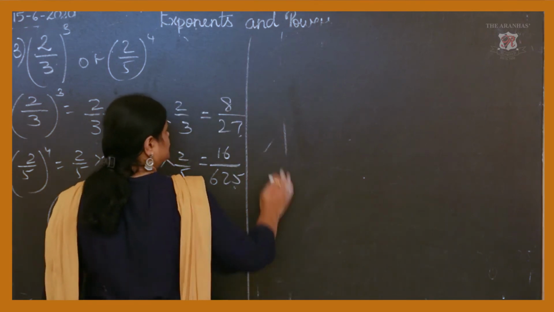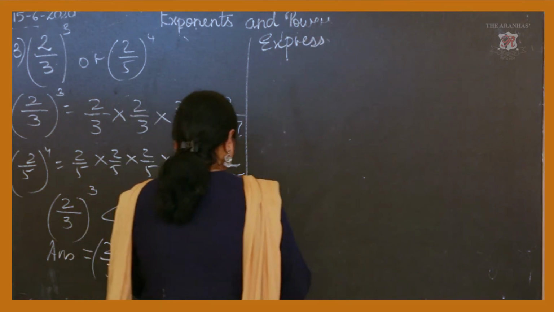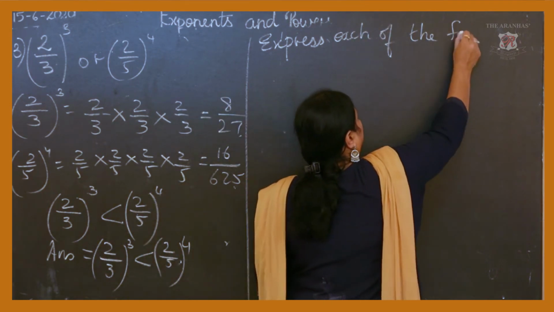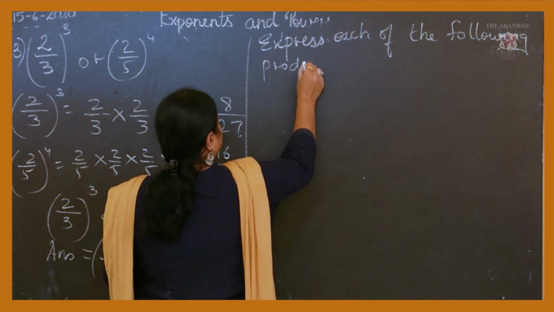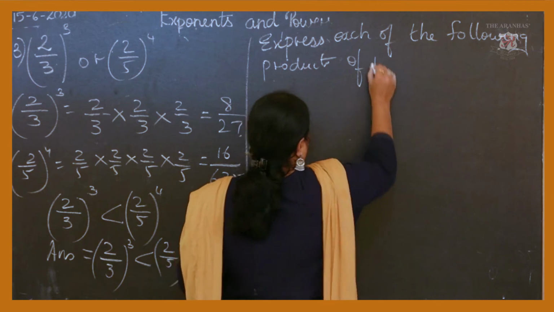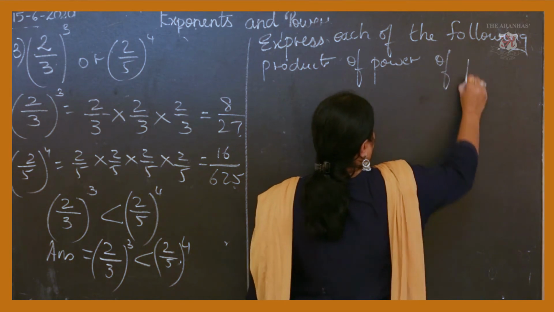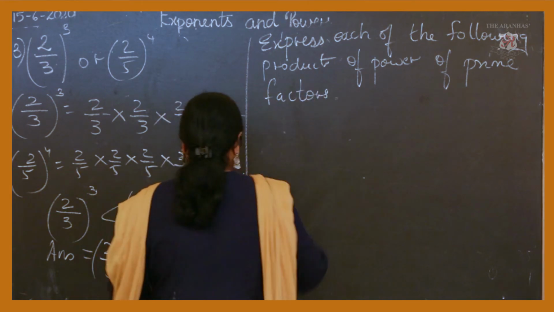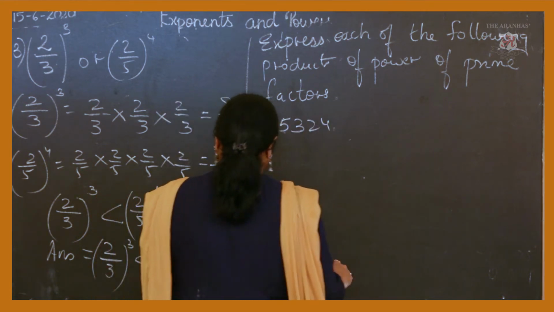Okay, the next one, we are going to express each of the following products as a power of prime factors. Now suppose I am taking 5324.